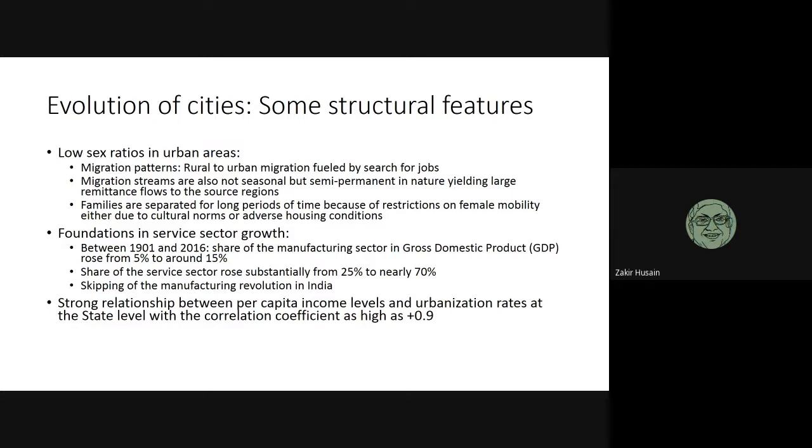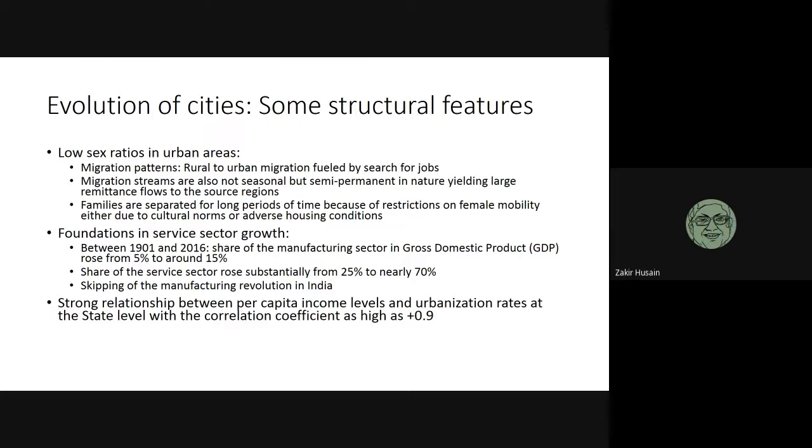The reasons are restrictions on female mobility because of cultural norms. It is also because of housing conditions. What can happen is several male workers can join together, form and rent out a particular room.